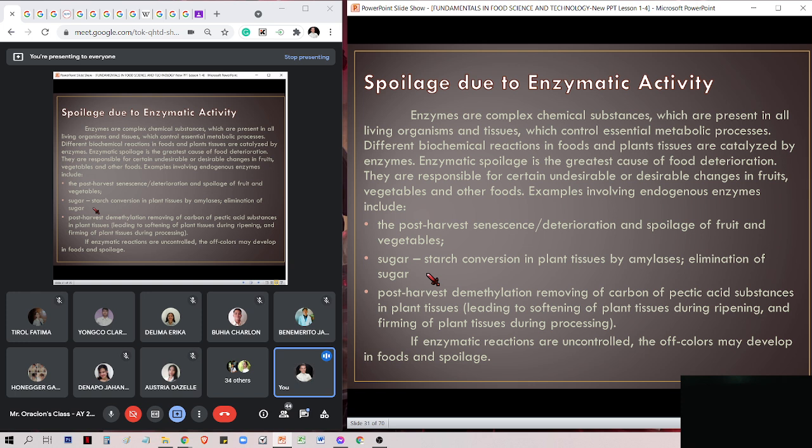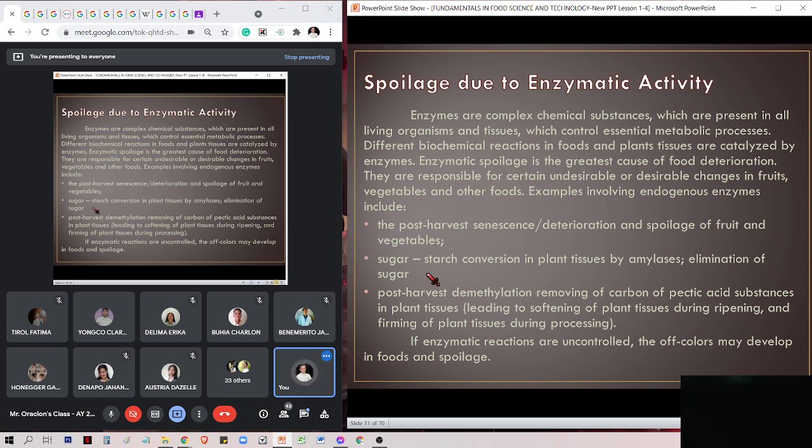So in enzymatic spoilage, guys, there is a catalyst that would lead into chemical reaction. So in a chemical reaction, okay, this is leading to food spoilage and food deterioration.